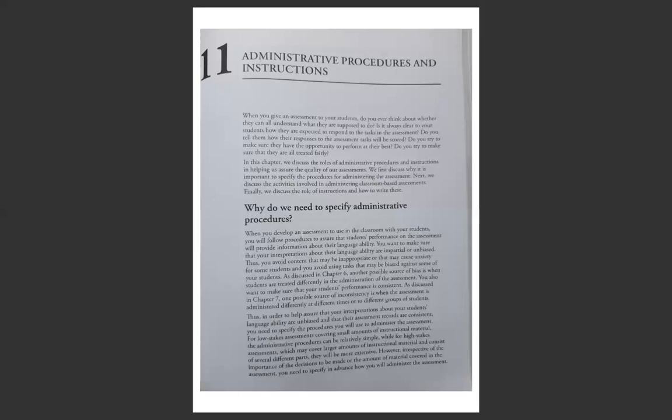You make sure that you have all the materials available for that day for the quiz, for the assessment. And also sometimes if you are going to need some personnel, some staff to help you in the administration of the exam, you need to make sure that those things are available.